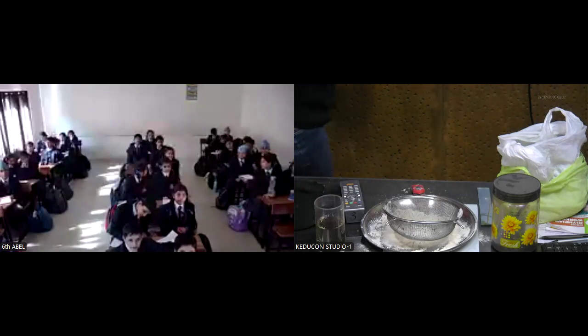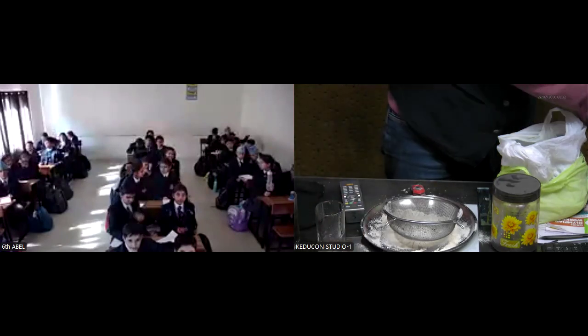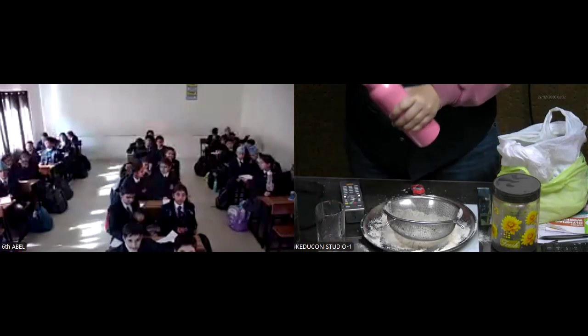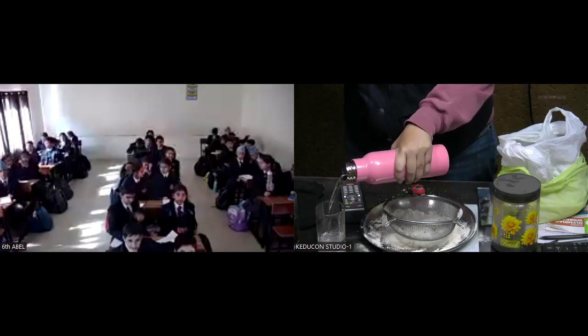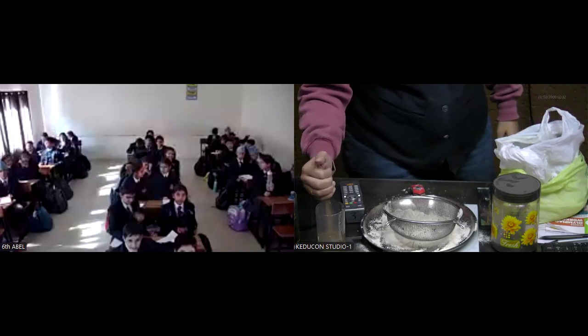So now here we are using this glass. In this I am adding water. Okay. Water, what I'm going to do? I'm going to add sand. Look, beta, I am mixing soil, sand.